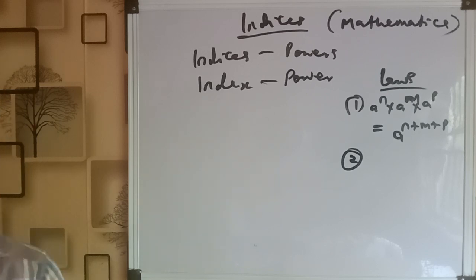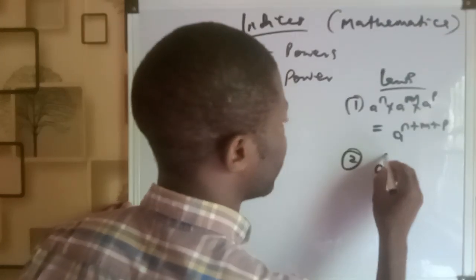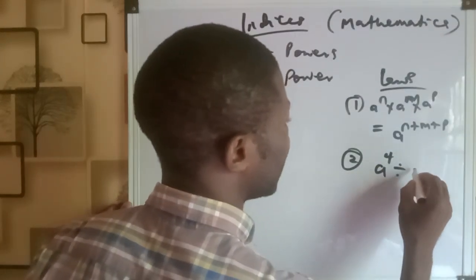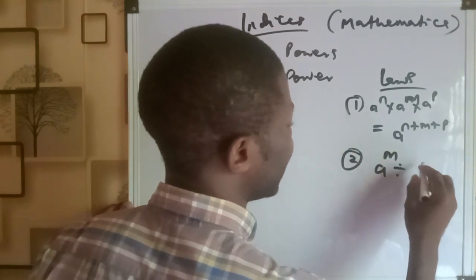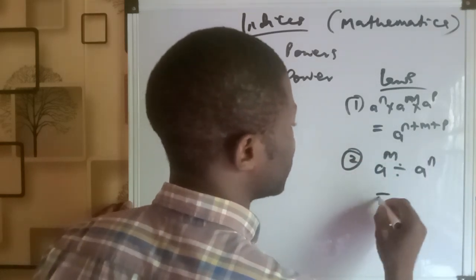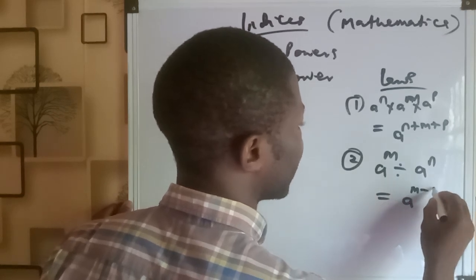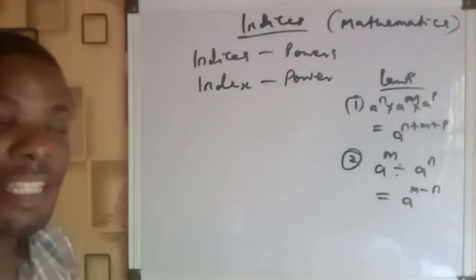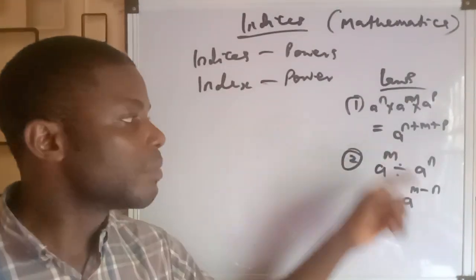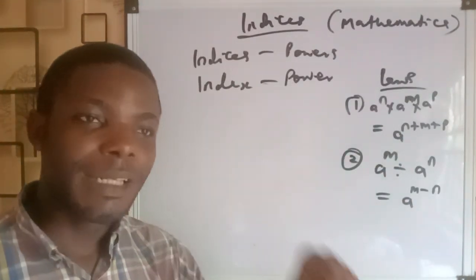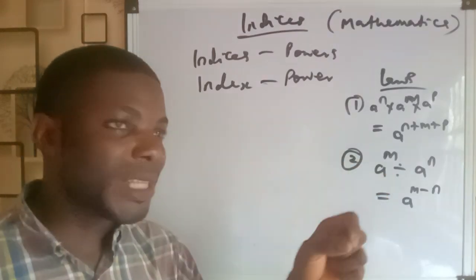The second law, which you need to know about, is if you have a power m divided by a power n, it should give you a power m minus n. So in a division scenario, when the bases are the same, subtract the powers according to the order of arrangement.